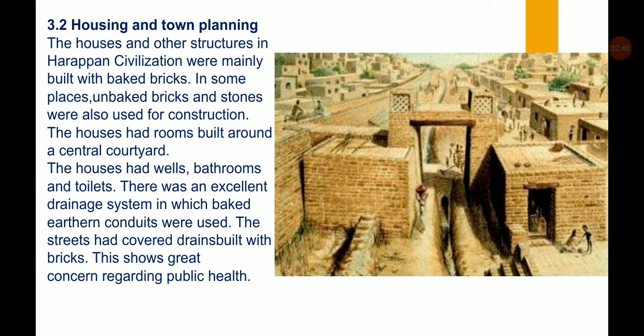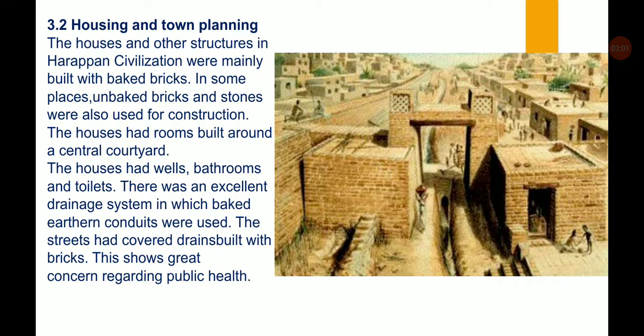Housing and town planning. The houses and other structures in Harappan civilization were mainly built with baked bricks. In some places, unbaked bricks and stones were also used for construction.